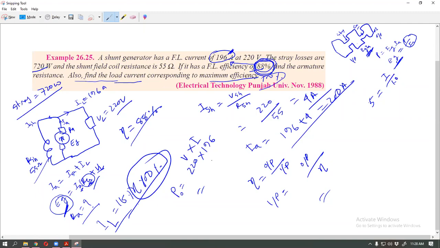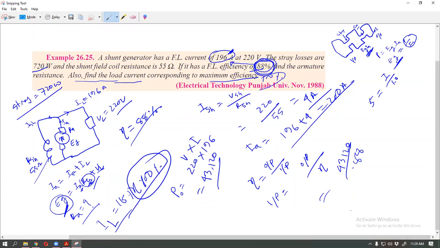So this is your output, 43,120, divided by 88%, which means 0.88.